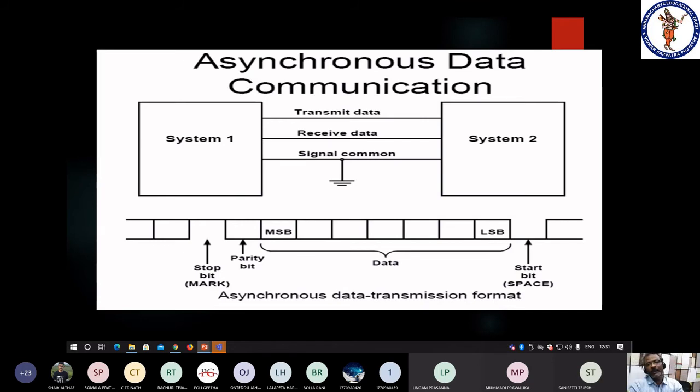Now, here there are two important words: one is the bit rate, another one is the baud rate. Anyone? What is the difference between bit rate and baud rate?